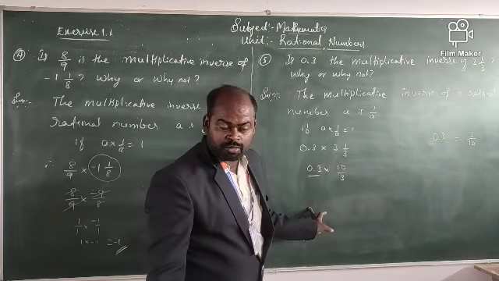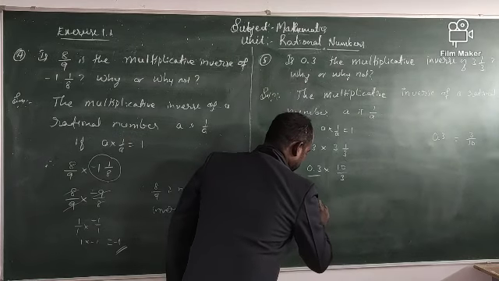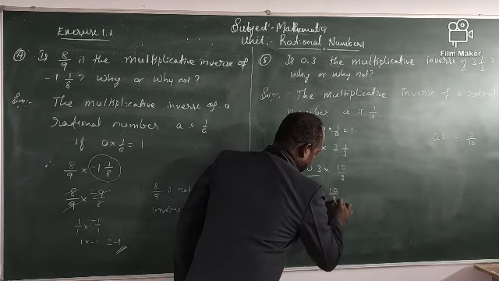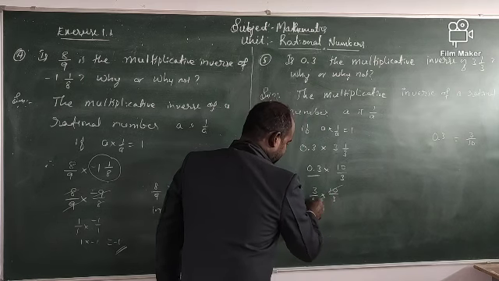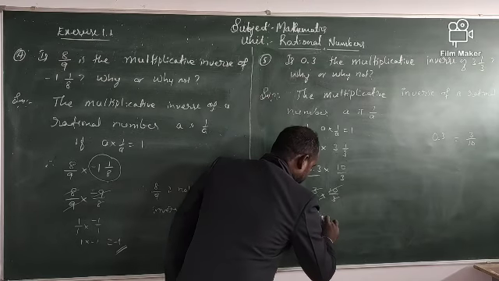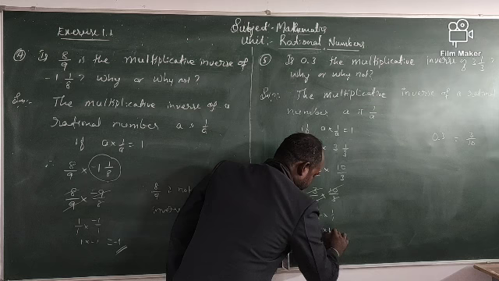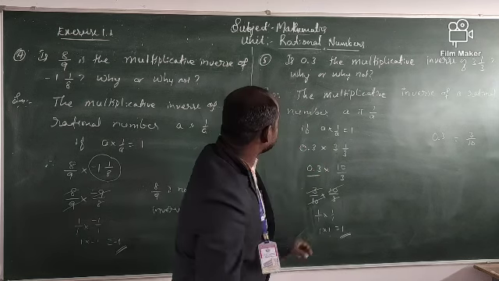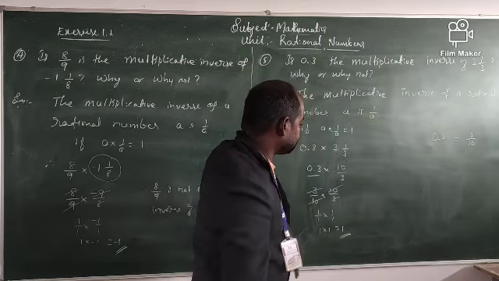The standard form of 0.3 is 3 by 10 into 10 by 3. Therefore 10 gets cancelled, 3 and 3 get cancelled. Then the remainder is 1 by 1 into 1 by 1, 1 into 1, which is equal to 1.